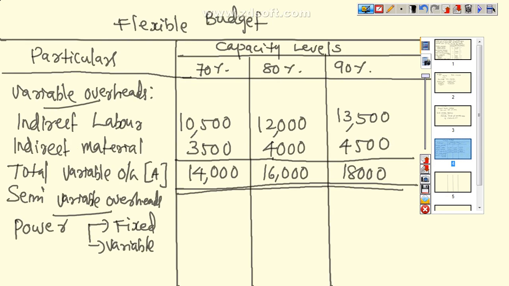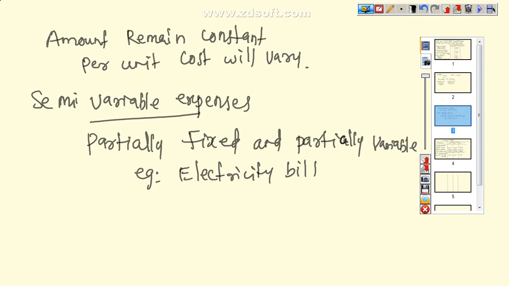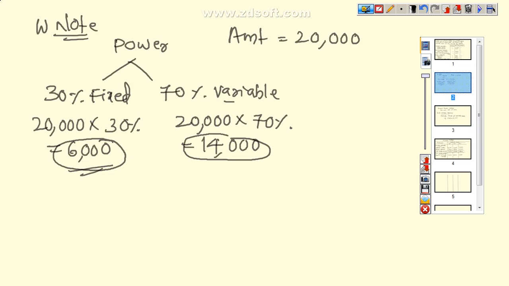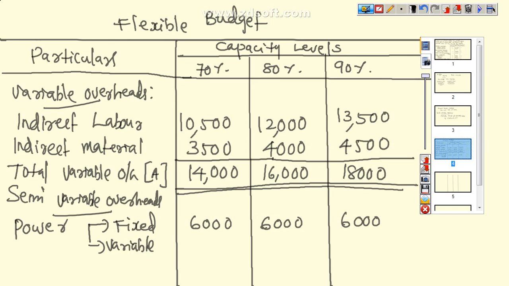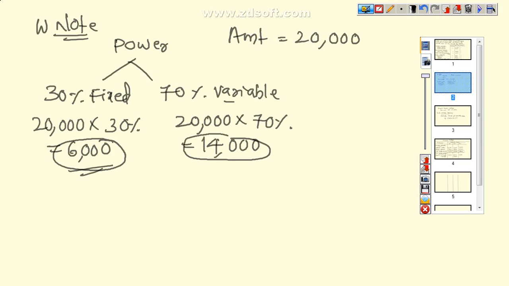So we write 6,000 for all levels because fixed cost remains constant irrespective of level of production. But in case of variable expenses, we have already calculated 14,000 for 80% capacity. So we write it here, 80% capacity 14,000.